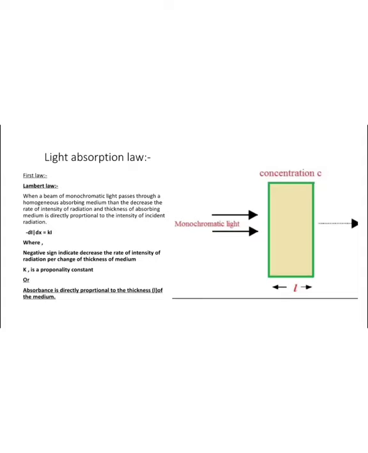Then sample C has a longer path length than samples A and B, and absorbs 35% of the light. Sample D has a longer path length than A, B and C, and the light absorbed by sample D is 90%.